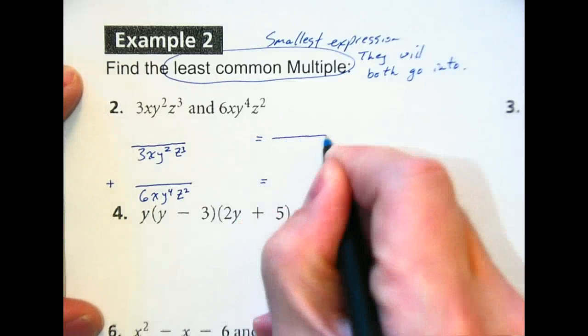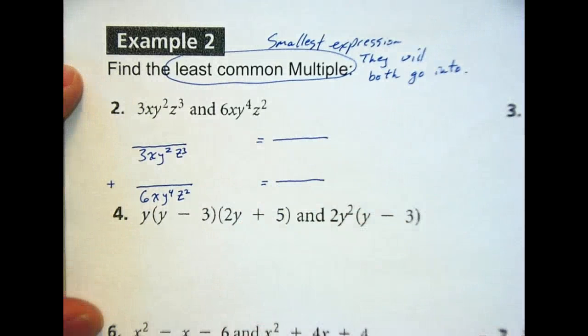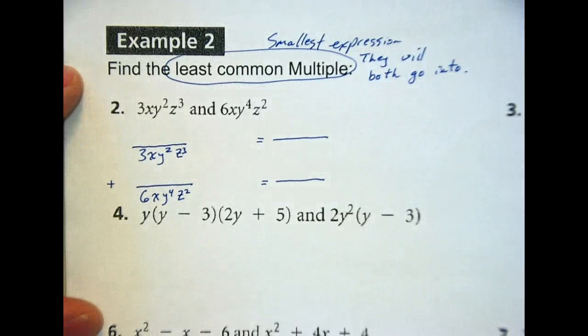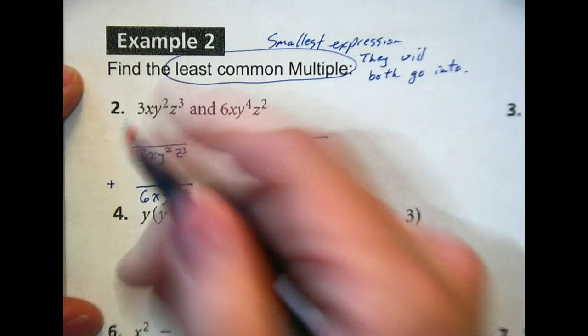That's what the least common multiple is. So really in 2 through 7 here, we're practicing finding the common denominator. We're doing one little piece of the problem. We're trying to find the common denominator. Okay? And the way we do that is we focus in on the numbers first.